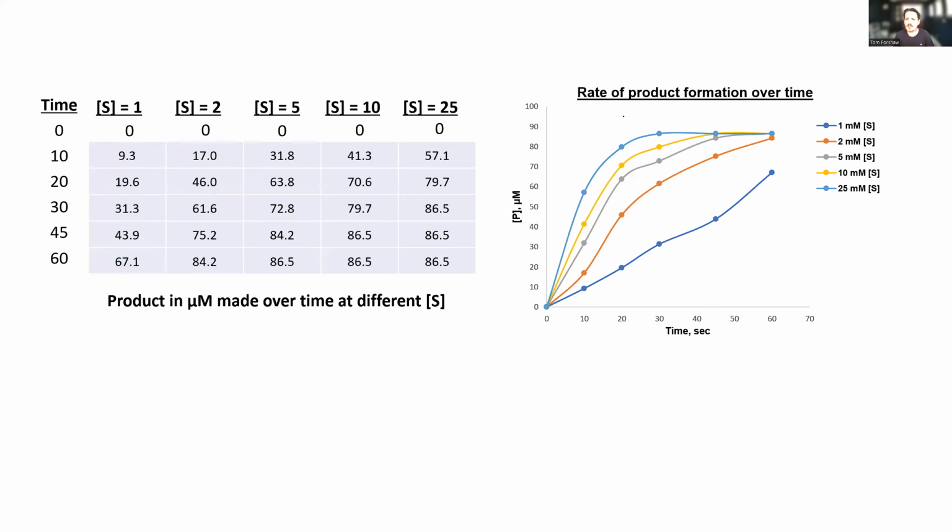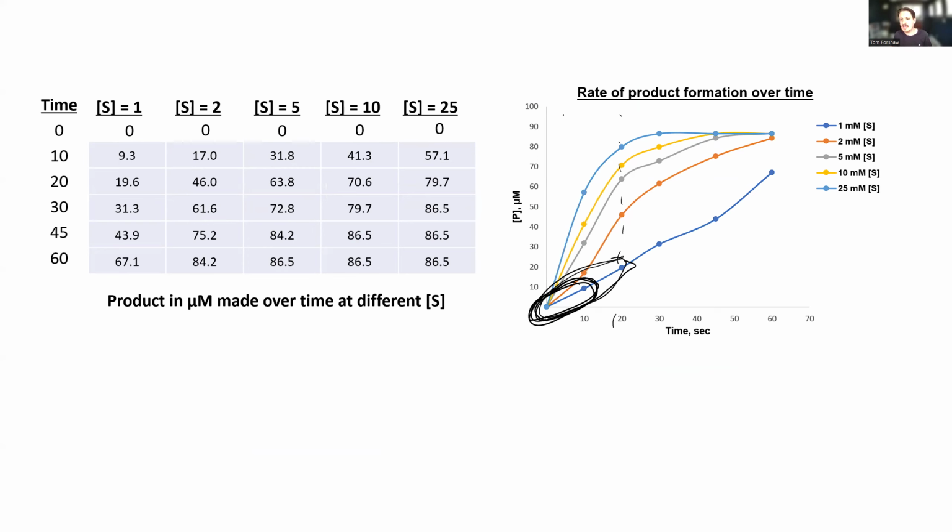Remember, we want to look at the initial velocity. So it's up to you whether you take the initial velocity as being here or here. I believe I did it as being here.